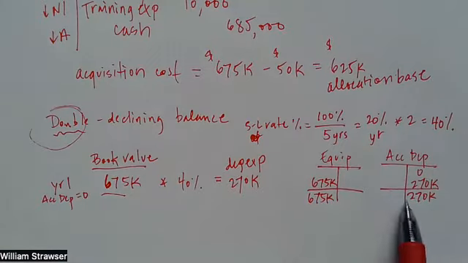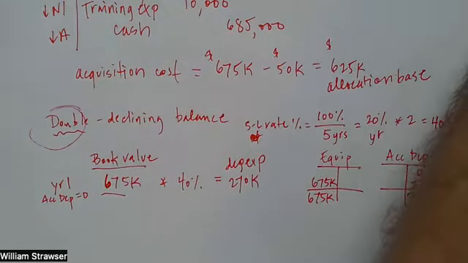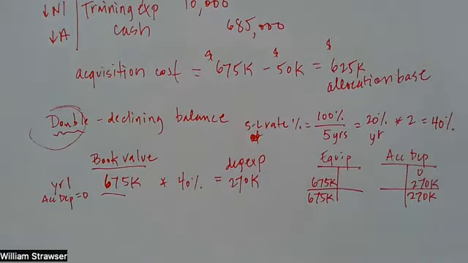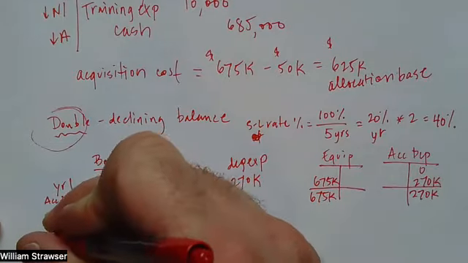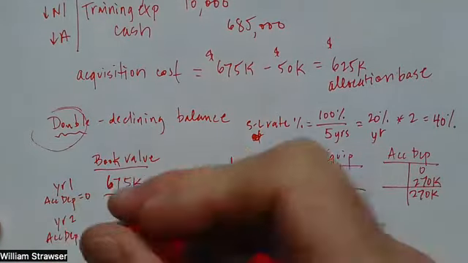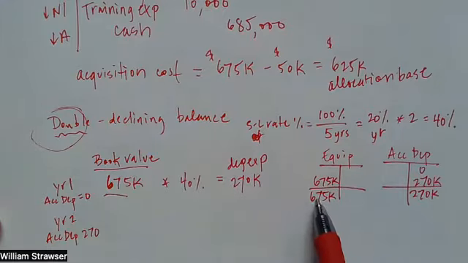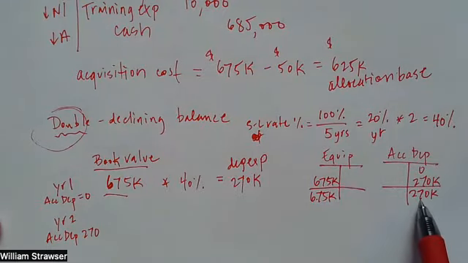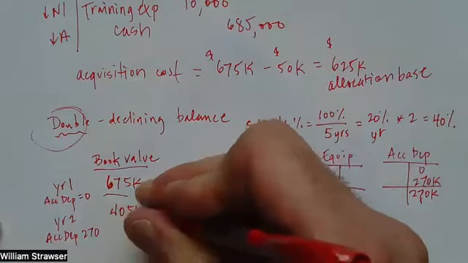But 675 minus 270 gives me my book value at the beginning of the second year. If accumulated depreciation is now 270, then my book value is 675 minus 270, which gives me 405,000.